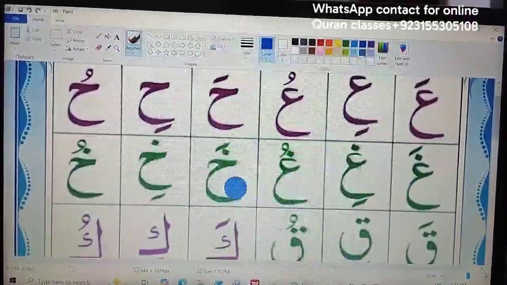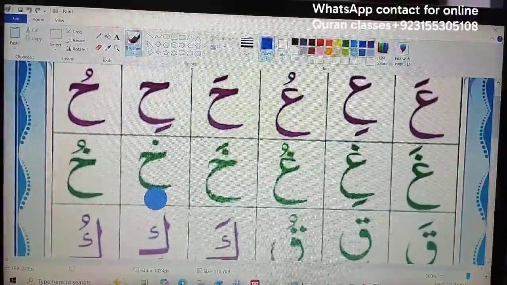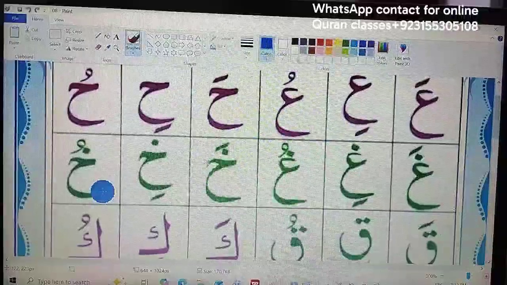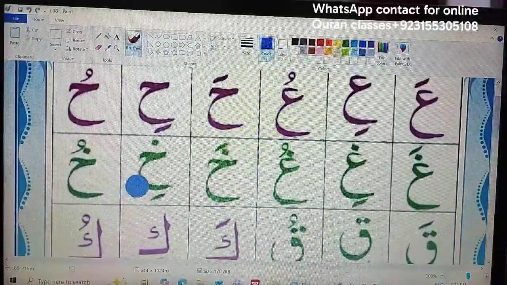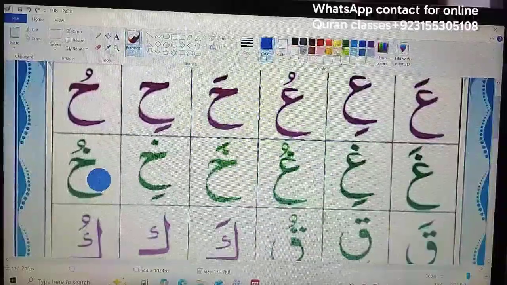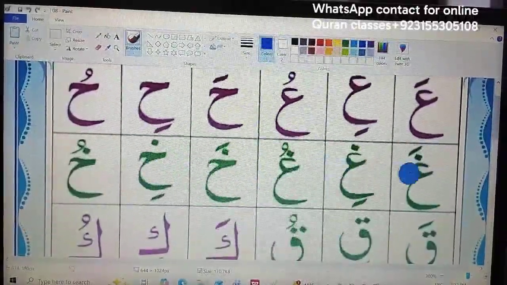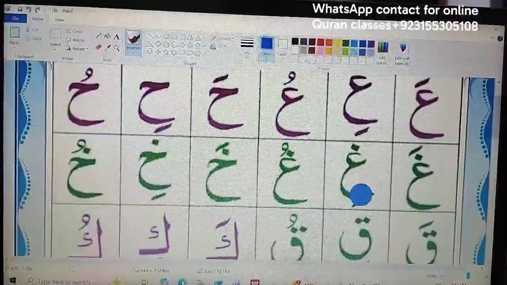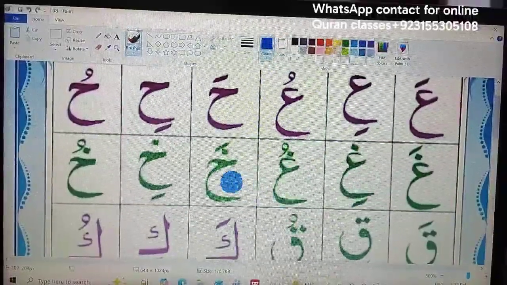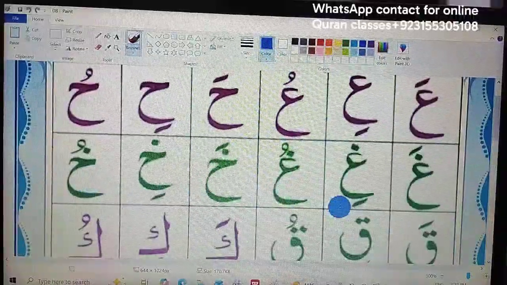Next one is kha, fatha, kha. Kha, kasra, khi. Kha, dhamma, khu. Now we read this line without spelling.